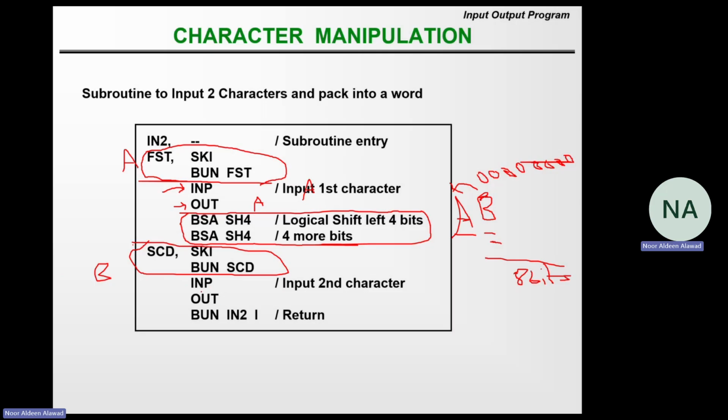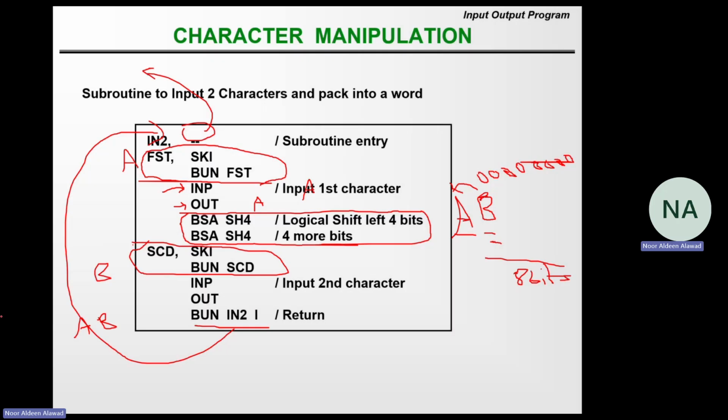Then we output the result. So we input a second character, then output the result. If the inputs are A and B, the result will be A, and when we read B, it will be B beside A. Then branch indirect, which means going to this label, which contains the return address from the caller, the program that calls this procedure.